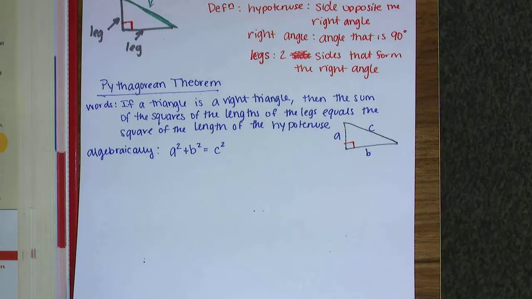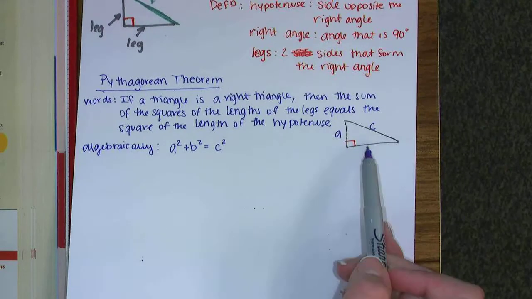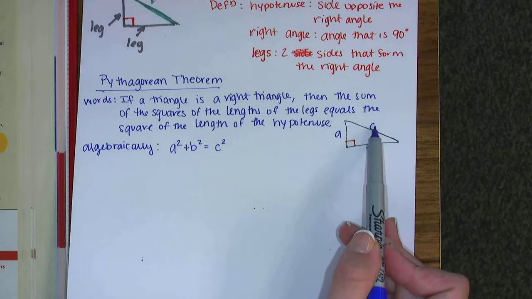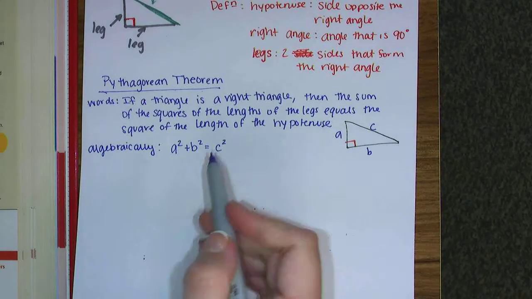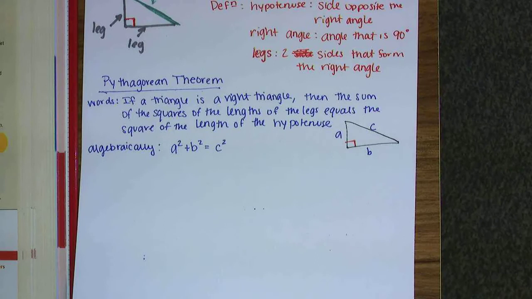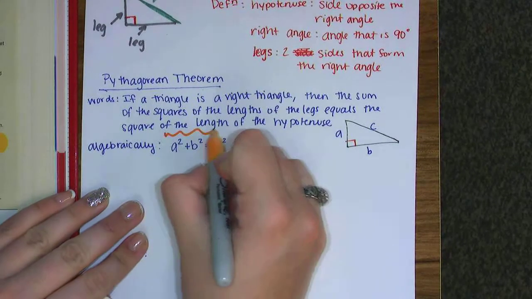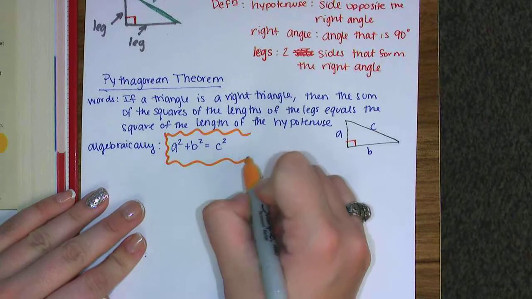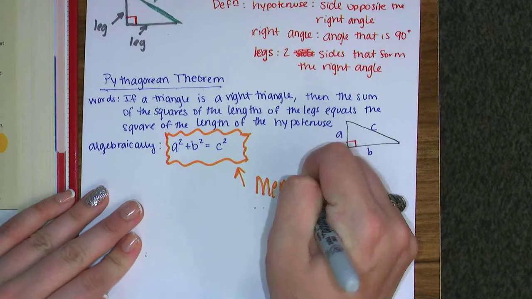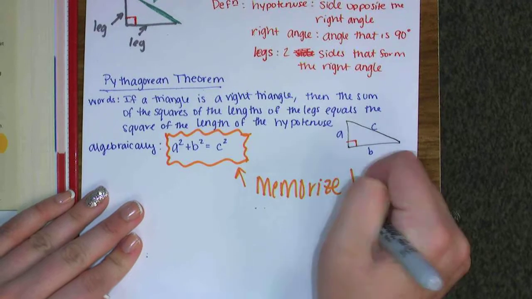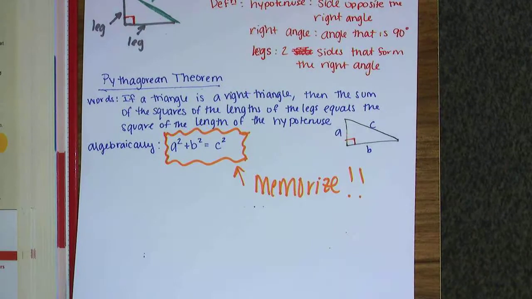Okay? A squared plus B squared is equal to C squared. Side squared plus side squared is equal to hypotenuse squared. Okay? This formula here you have to memorize. Okay, very important. Memorize that formula.